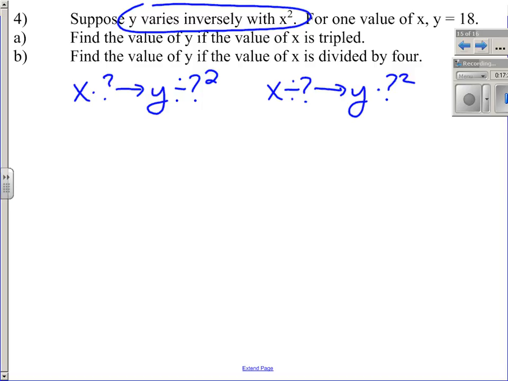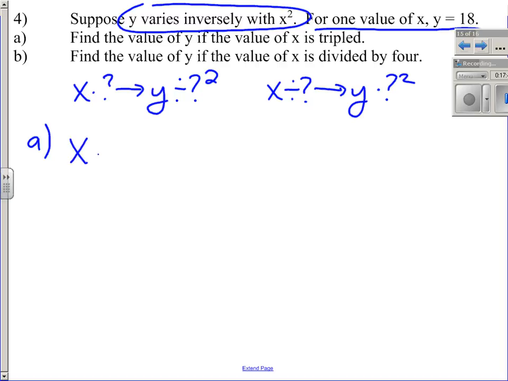Our inverse square relationship was tiling your floor, right? So what this statement here is saying is for one value of x, for one size of floor tile, you need 18 tiles to cover your bedroom floor, right? So what question A is saying is what happens if I triple the dimensions of my tile?